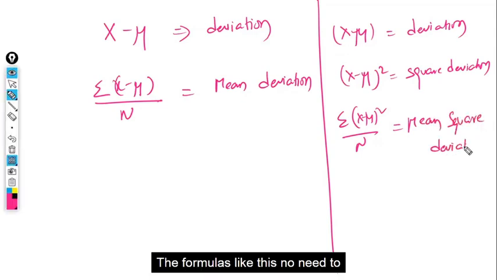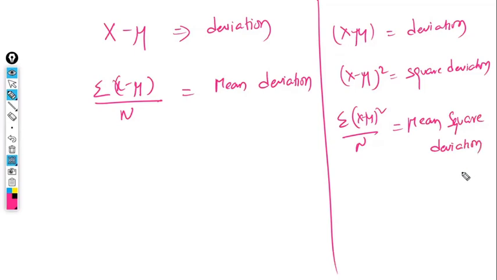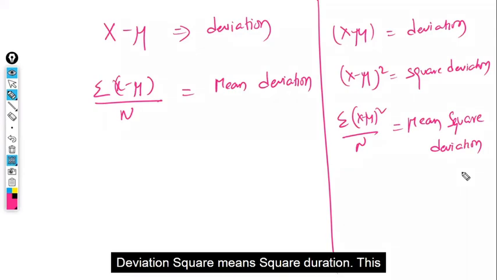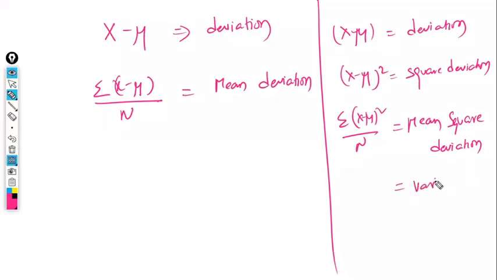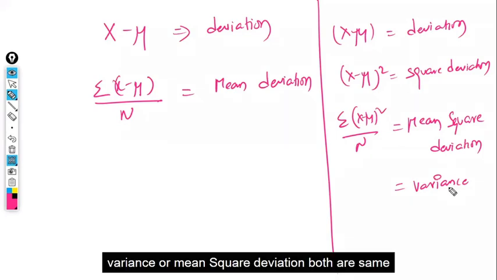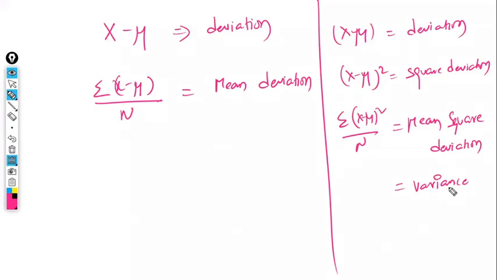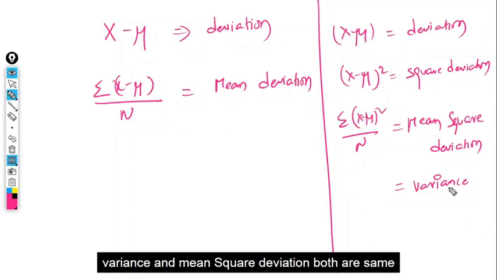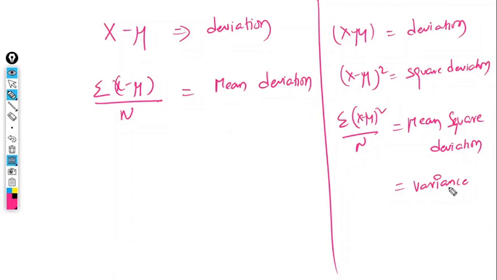The formula is like this. No need to memorize the formulas by heart. Deviation, square, mean square deviation. This is also called variance. This is only variance, miss. Variance and mean square deviation are both the same.